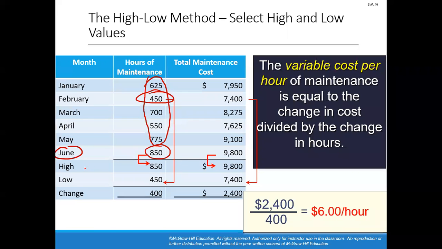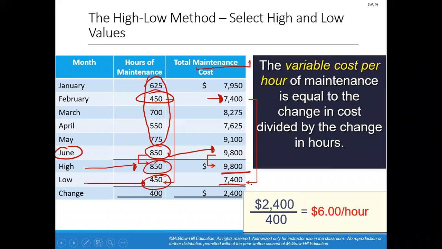Okay, so you have found out the highest 850 and lowest 450. Now you have to find out what is the corresponding cost, the total cost. Here we have the total maintenance cost, corresponding total cost with respect to this highest activity base and with respect to this lowest activity base. So we see for 850 activity base, we have 9,800 here. And for the lowest activity base of 450, we have this 7,400 cost here.